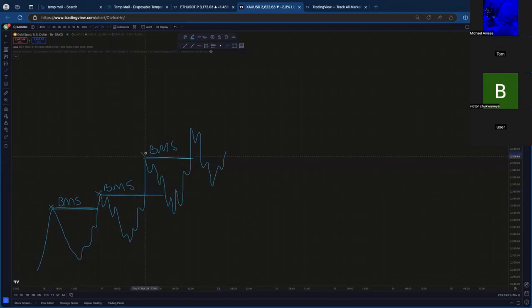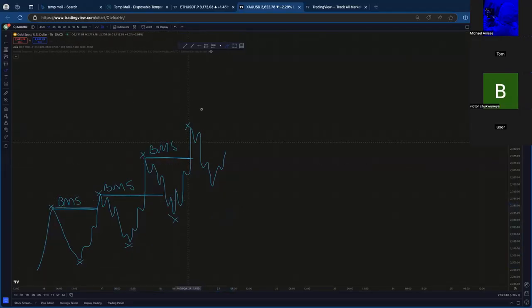Swing highs, right? These are called swing highs or external structures, but alas, we are not there yet, right? So these are swing highs, and these are what? Swing lows, right? Swing highs, swing lows, right?